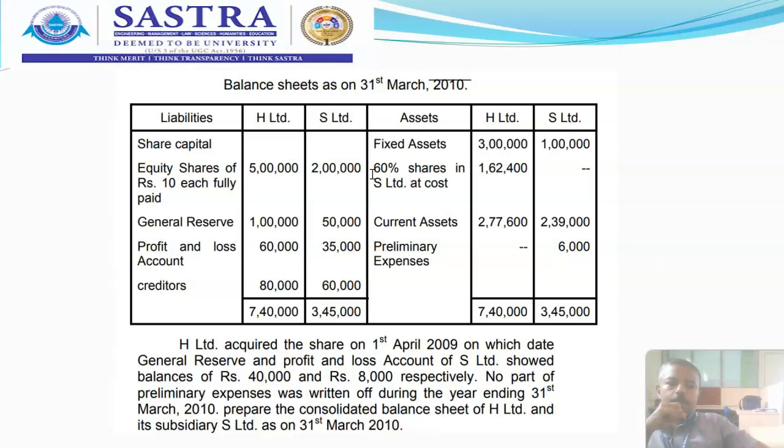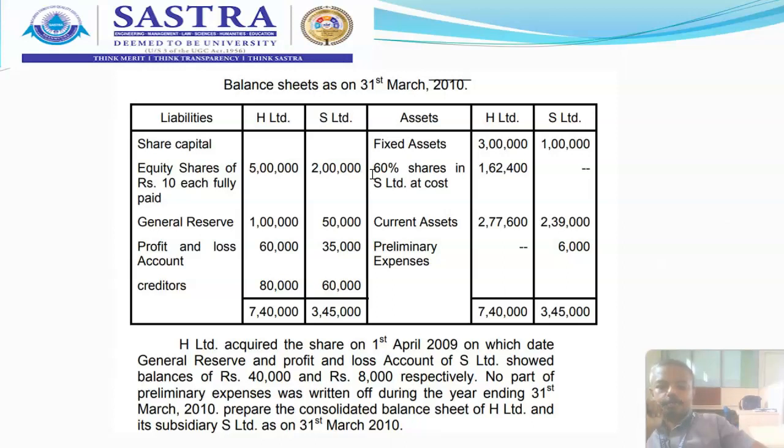One is the paid up value of 60% of shares of S Limited, that is 1,20,000. Then 60% of capital profit, that is profit prior to incorporation, or here we call this profit prior to acquisition.